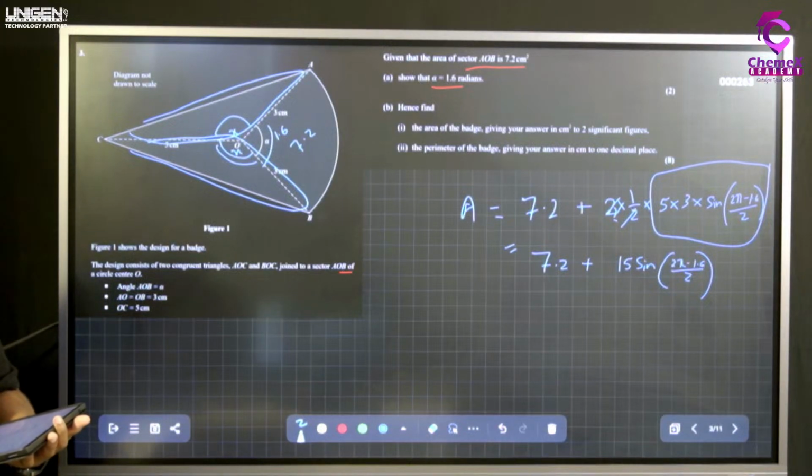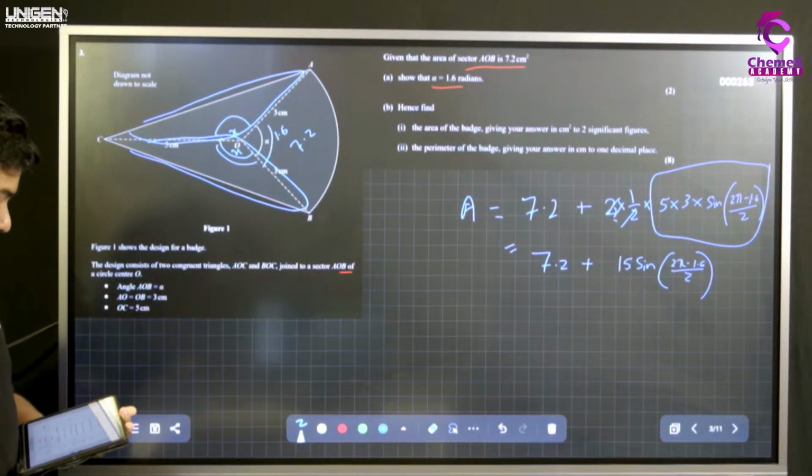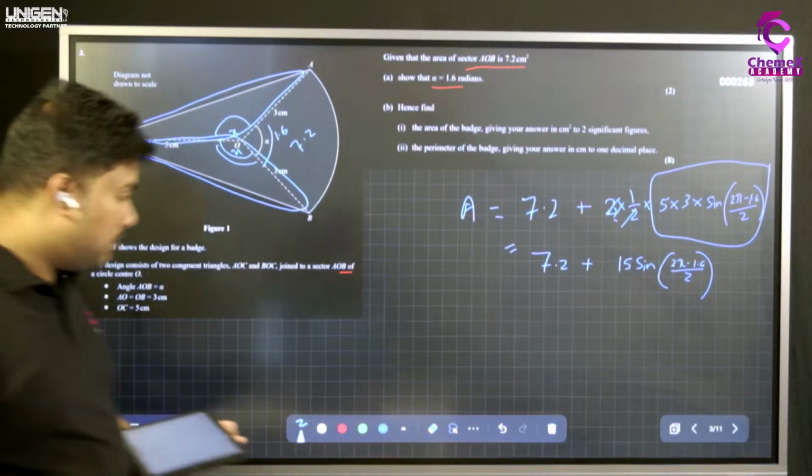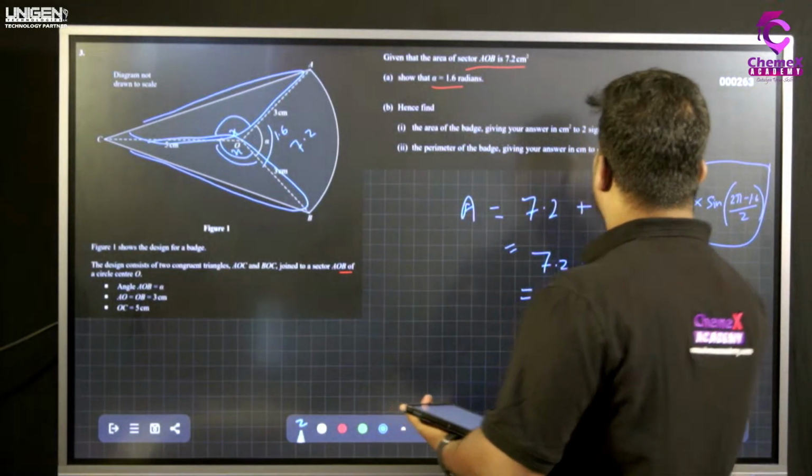What's the final answer? 17.9. So the area is equal to 17.9, to 1 decimal place and 2 significant figures.